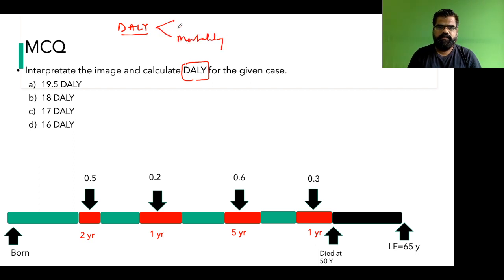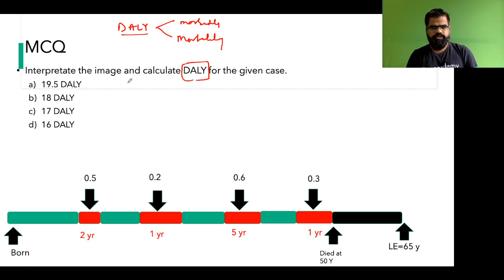Mortality, morbidity. Simple. Just remember this. Disability is a part of morbidity. You are in a disease state, and the final outcome of that disease state, if it is not cured, is mortality. So DALY measures mortality and morbidity.